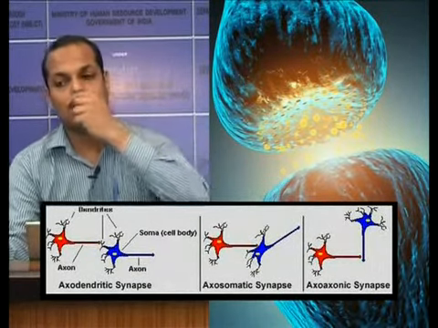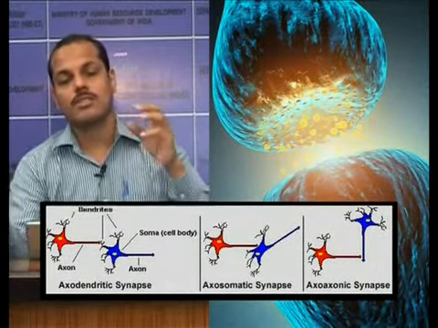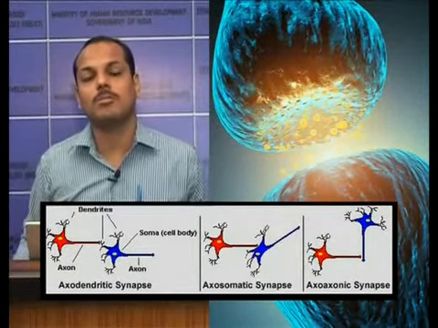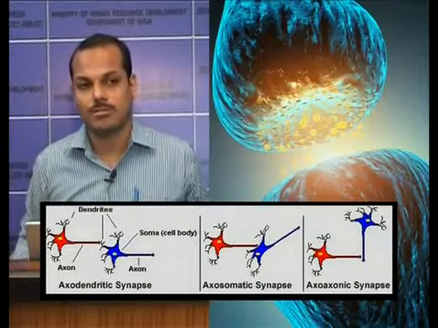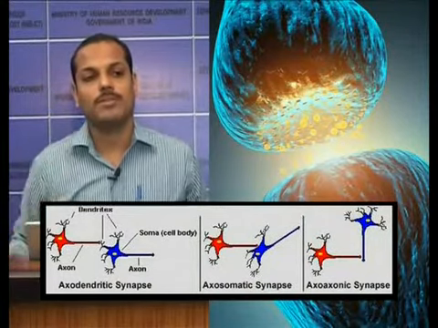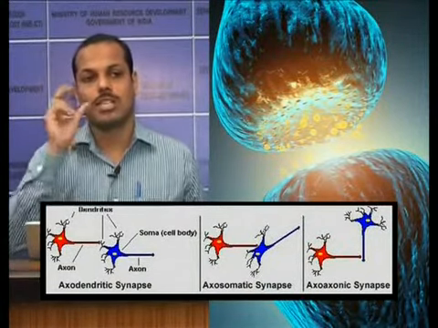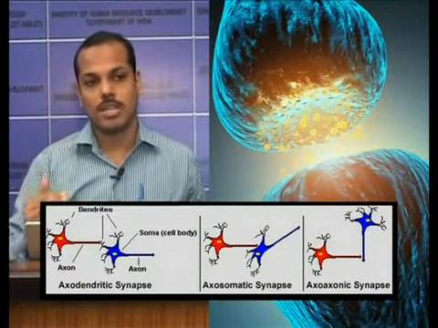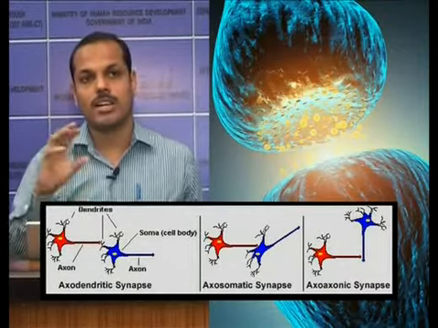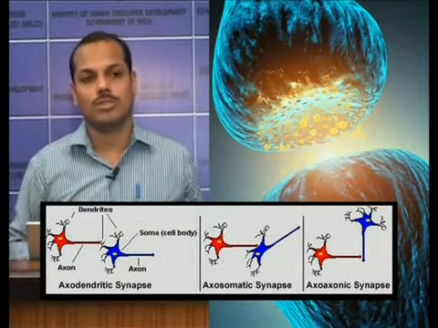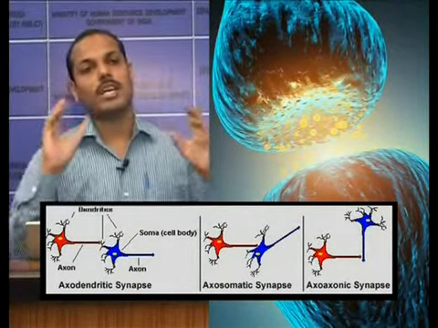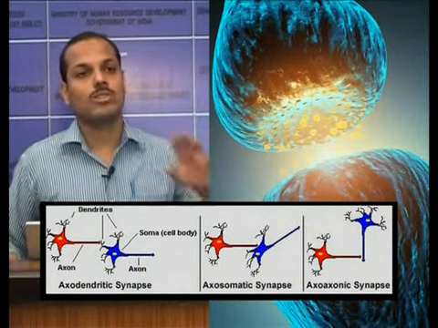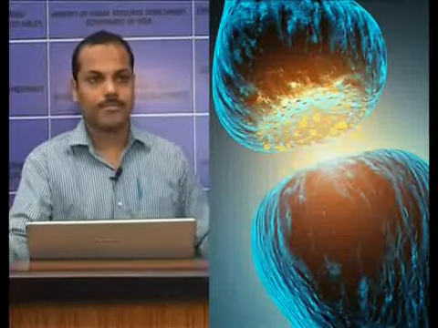The junction may be between axon and dendrite, axon and cell body, or axon and axon. So the information collected by one neuron will be passed to the other neuron. This is called a synapse.